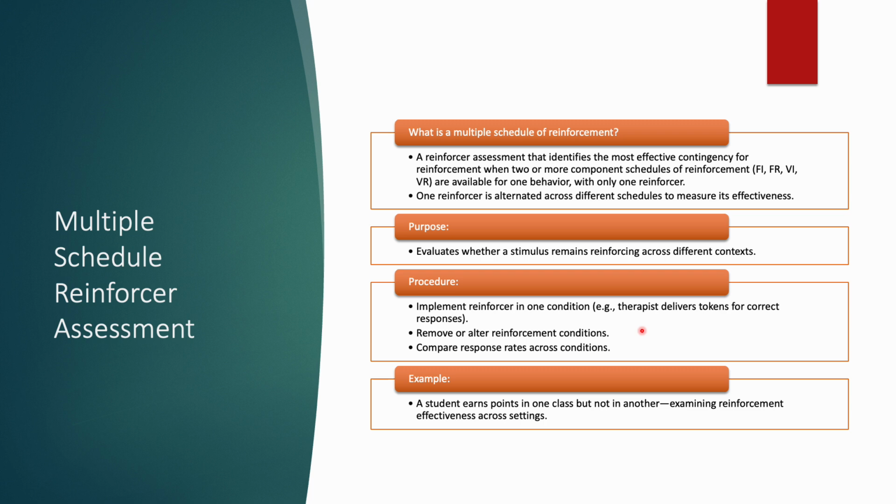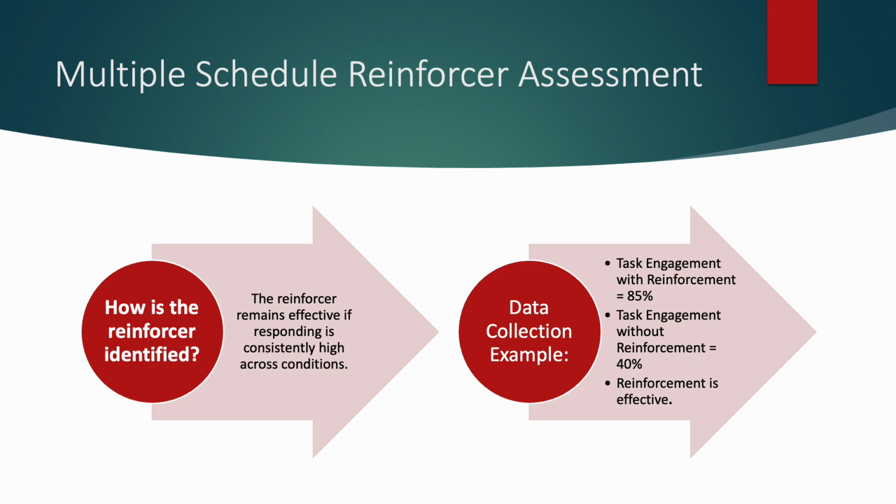You can also look at reinforcement versus no reinforcement. Does the behavior persist when there's no reinforcement delivered, or does it require that specific stimulus to be delivered in order for the behavior to persist? So I have another example here on the slide which says a student earns points in one class but not in another, and then we would examine reinforcement effectiveness across the different settings. So how is the reinforcer identified in a multiple schedule reinforcer assessment?